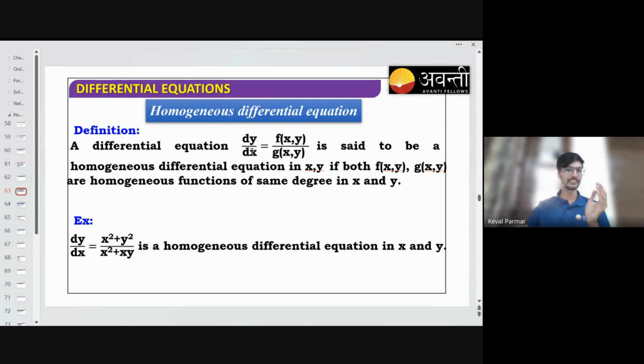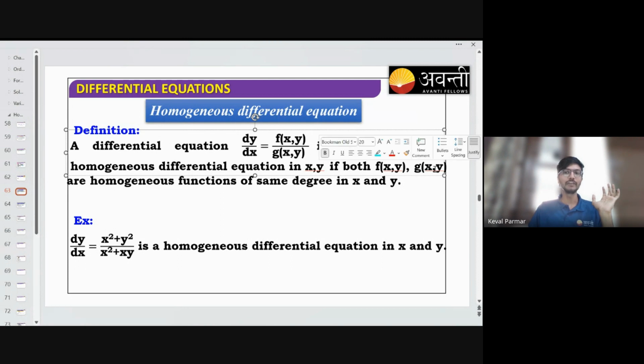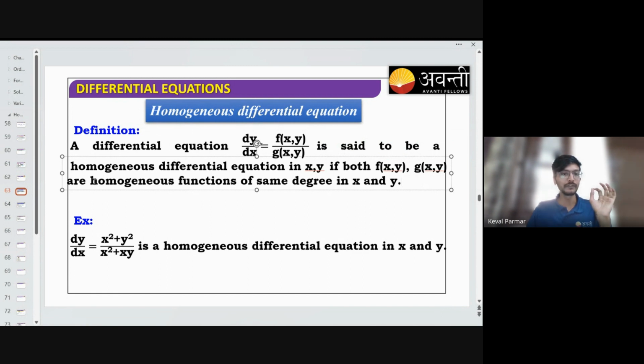So if I write the differential equation in such a way that dy by dx is f of x comma y upon g of x comma y, then this differential equation will be homogeneous only if f of x comma y and g of x comma y both are homogeneous functions of the same degree. That means f and g should be homogeneous, but they should be of the same degree. Then the differential equation will be a homogeneous differential equation.